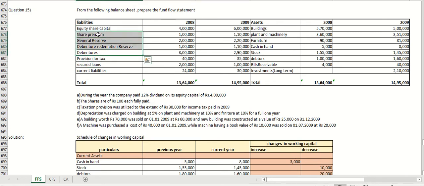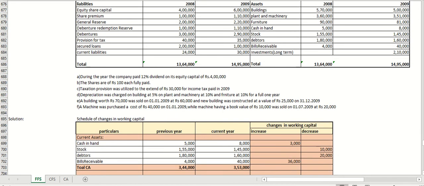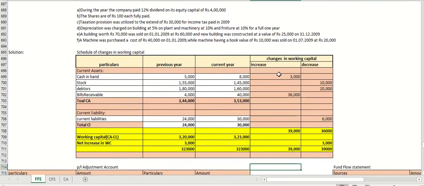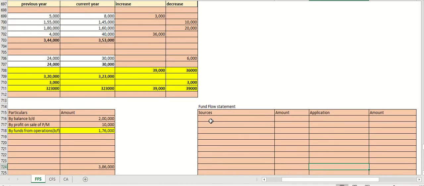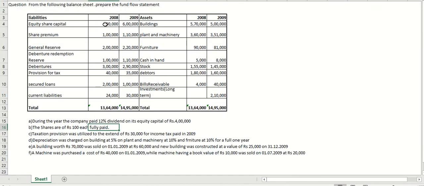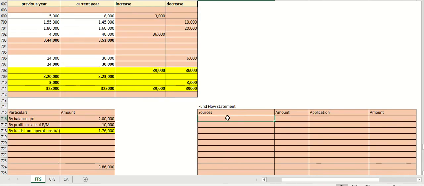If you see your equity share capital, last year it is 4 lakh, current year it is 6 lakh. So there is an increase, which means it's an issue of equity shares. So we will show that in your fund flow statement as sources of funds. So 6 lakhs minus 4 lakhs, which is 2 lakhs, will be shown as issue of shares since it is an increase.